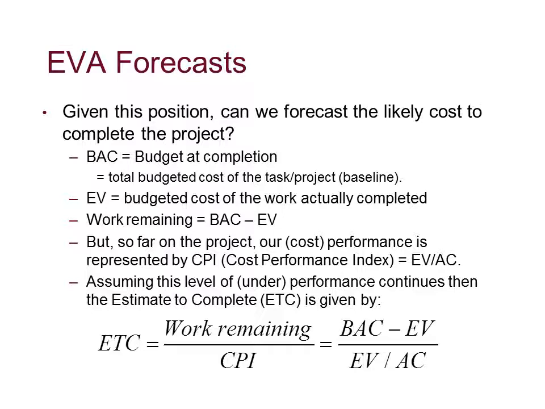But so far our project, our cost performance index is earned value divided by actual cost. Assuming the level of underperformance continues, then what's our estimated amount to spend to complete the project? So we have work remaining, which is budgeted at completion minus earned value, over the cost performance index. So you can see why having these index figures is important.